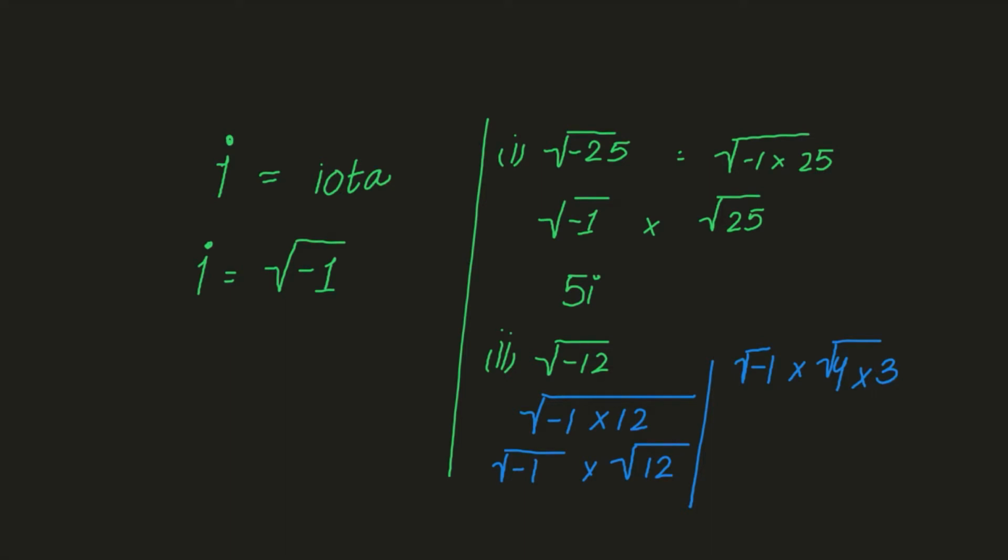So the root of 4 is 2, but we do not have any perfect root of 3. So we're just going to write this as i, this is 2, and root 3. So 2i root 3 is your answer here.